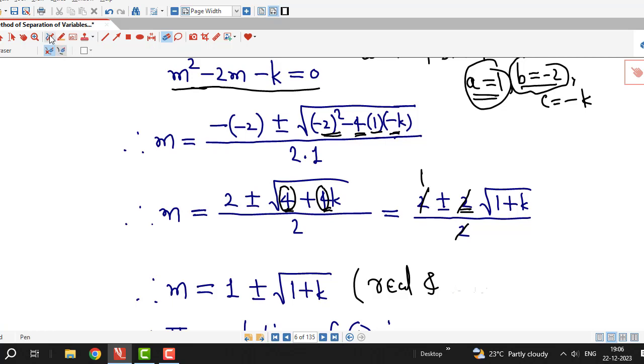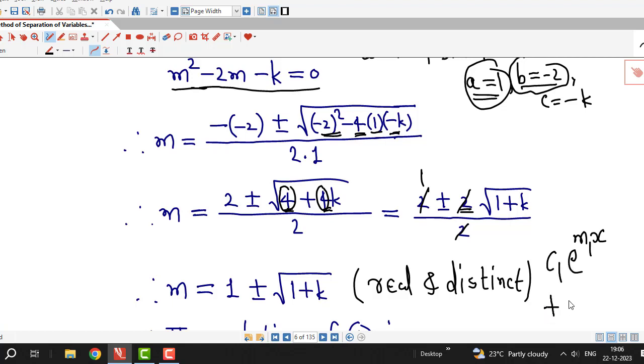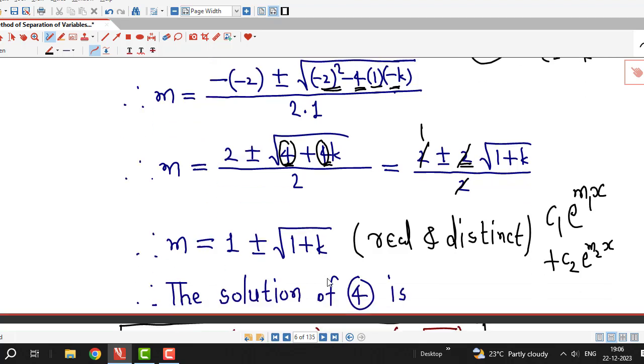And we know that if the roots of the auxiliary equation are real and distinct, then our solution is in the form e raised to m into x. Here I have two different values of m, so I will write some arbitrary constant into e raised to m1 x plus another arbitrary constant into e raised to m2 x. m1 will be 1 plus square root of 1 plus k and m2 will be 1 minus square root of 1 plus k.